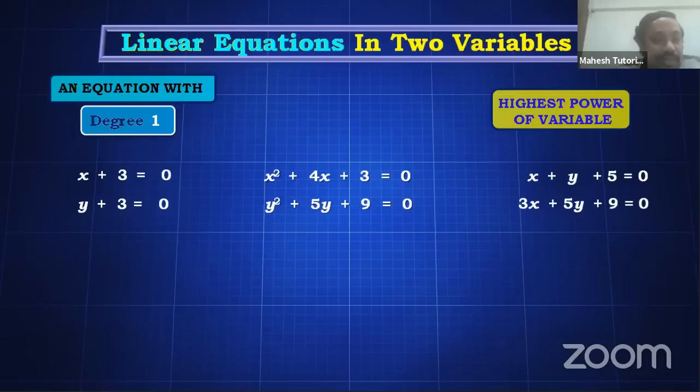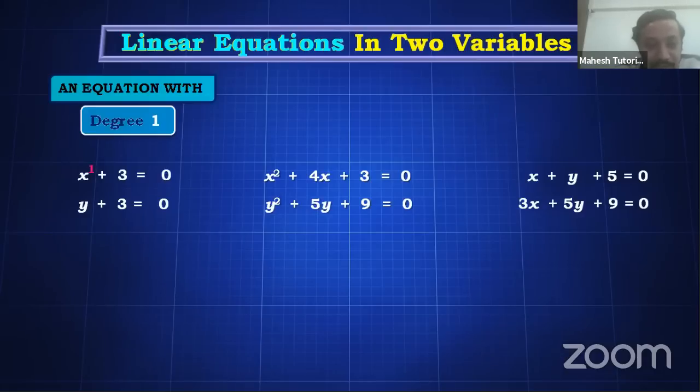Let us consider an example. Everyone, look at the first equation on the screen. X plus 3 is equal to 0. Students, can you all tell me, इसके अंदर वेरिएबल अल्फाबेट कौन है? X. X उसके अंदर एक ही बार दिख रहा है. ओके, नाउ टेल मी उस X का पावर कितना है? कुछ नहीं है, मीन्स द पावर इज 1. परफेक्ट.